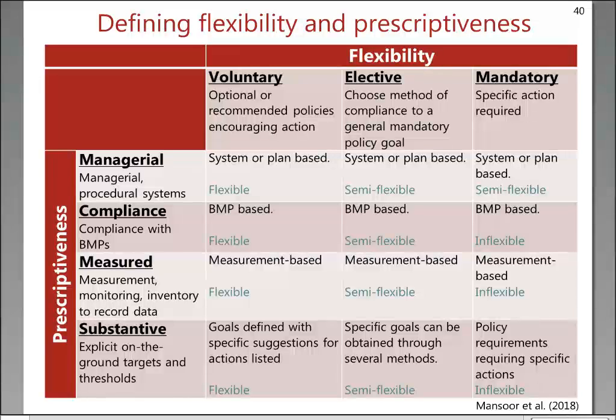There can be requirements of compliance with best management practices, and finally there can be requirements that certain systems are put in place to deal with an issue, but no specific substantive requirements. So it's more of a procedural requirement.